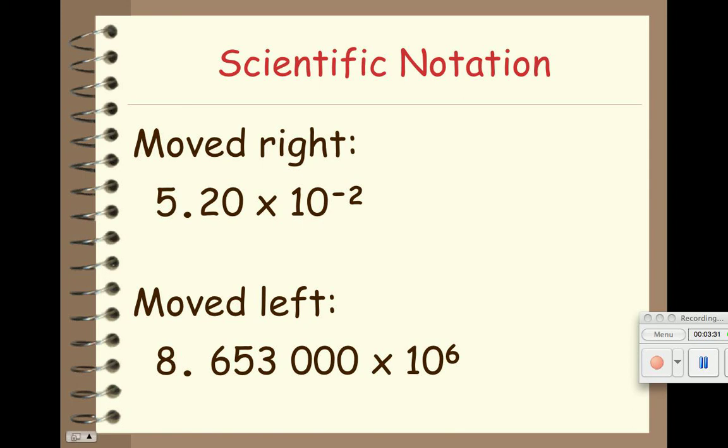And since in my second example I moved my decimal 6 places to the left, my power of 10 becomes times 10 to the sixth. It's a positive 6 because I moved it to the left 6 places.